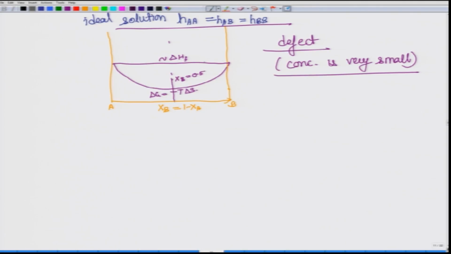So, this is delta HF, it comes out to 0, and this is the minus T delta S term, which becomes equal to delta G. So, delta G equal to minus T delta S forms like this, and this will be minimum at x b equal to 0.5. Now, next thing that we said we will consider is the non-ideal solution.